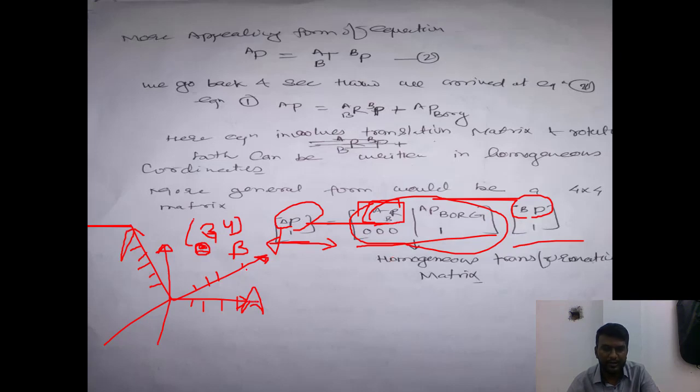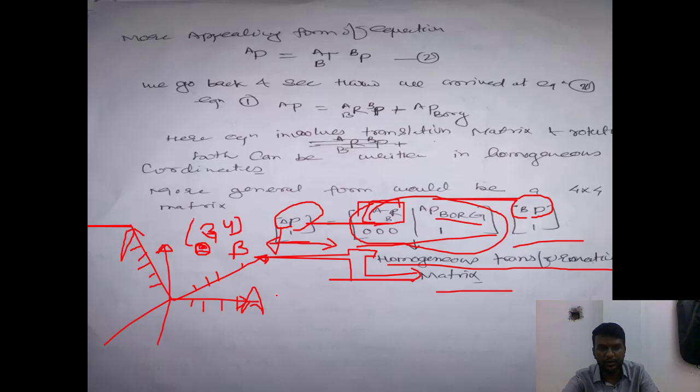And if there is a translation, we need a translation matrix. And if there are both, a translation as well as a rotation, we need a matrix called the homogeneous transformation matrix that will take care of the rotation as well as the translation. So you need to remember only two things, a rotation matrix and a translation matrix, and the homogeneous matrix. If you remember the homogeneous matrix, you should be able to identify which part of the matrix is translation and which part is rotation, so that you can delete whichever is not necessary.